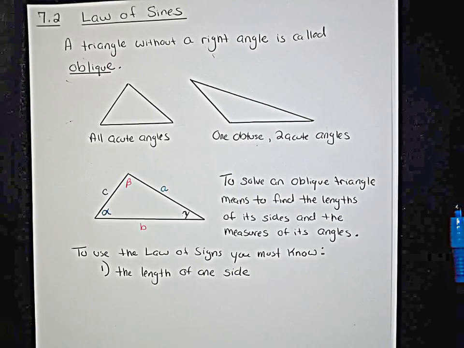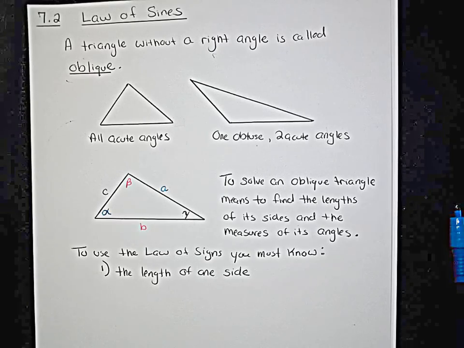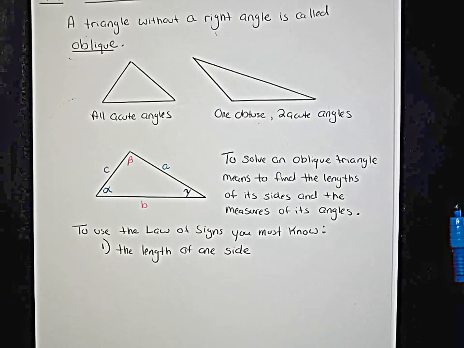If you don't have at least one side, you can't use the law of sines. It doesn't work. So you always have to have the length of one side. Beyond that, we can work with some stuff, but until we know this, we have to have at least one side.